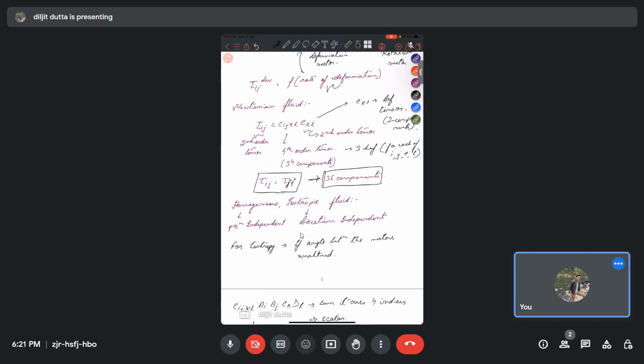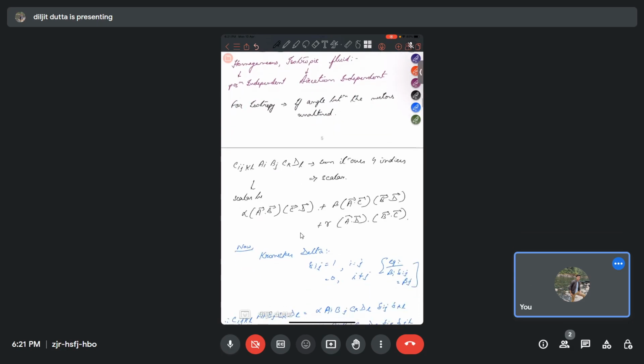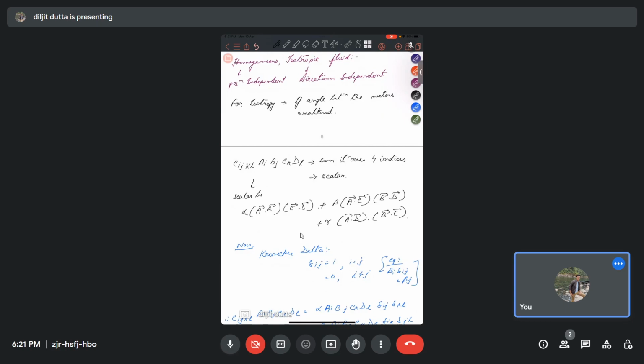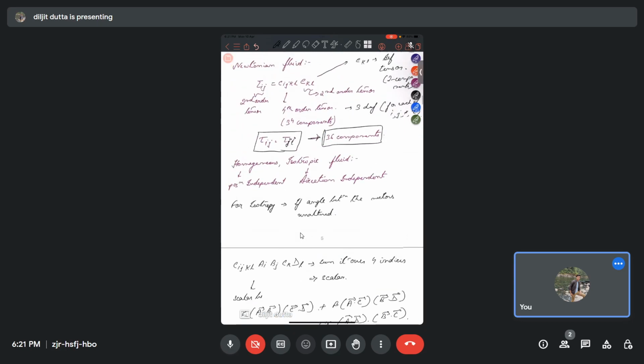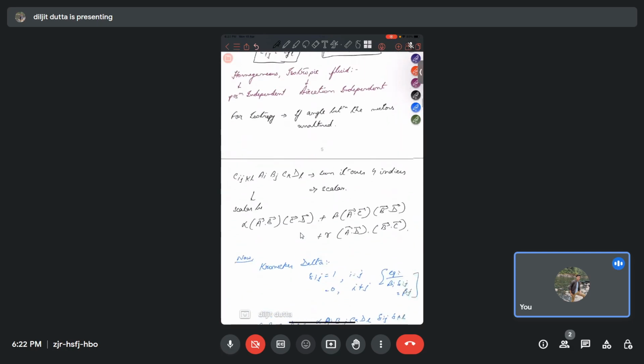A homogeneous fluid is one where the fluid properties are independent of position, so at whatever position you measure the properties, they will be the same. An isotropic fluid is one that is independent of direction, so whether you proceed in the x direction or the z direction, the properties of the fluid won't change. So these are two conditions.